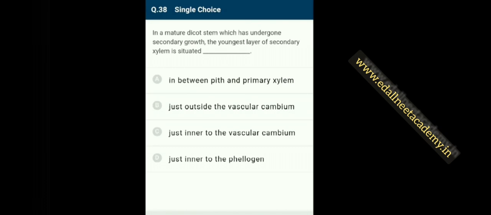The cambium cells between the xylem and phloem are called intrafascicular cambium. The new cambium cells that form towards the pith and mature into the secondary xylem are inner to the vascular cambium, and the cells forming towards the periphery on the outer side are called secondary phloem. The younger cambium cells that will develop into xylem grow towards the center or inside of the stem. So the answer is option C.